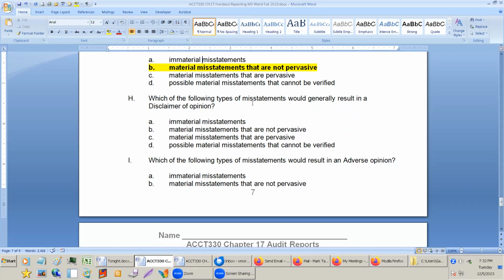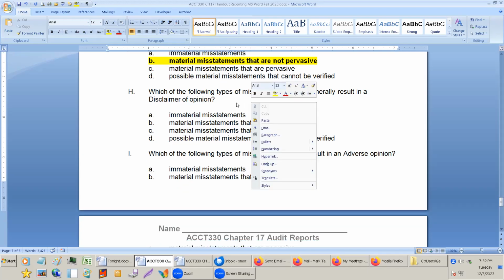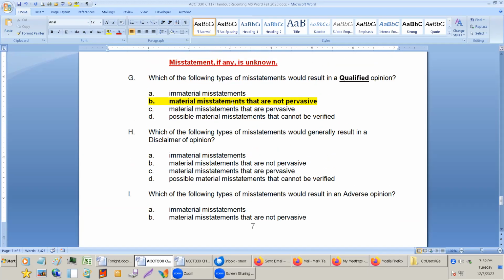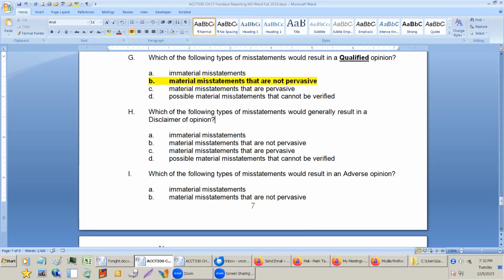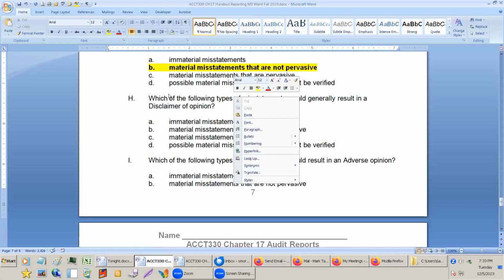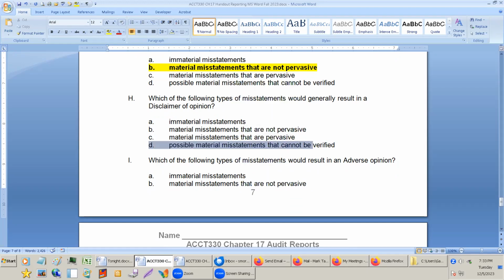Which of the following types of misstatements would generally result in a disclaimer of opinion? D?